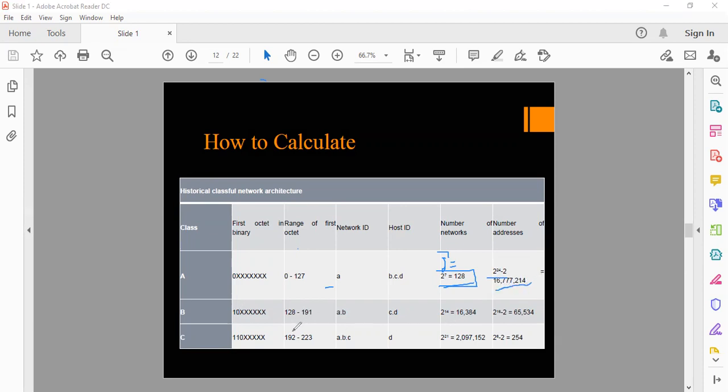The second range is from 128. These all are previous discussions, as we have already studied.